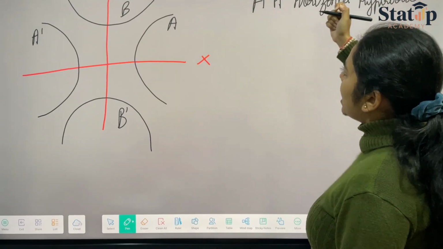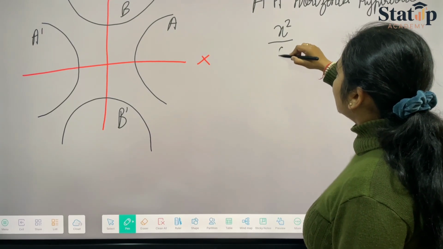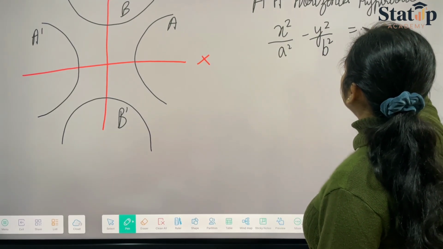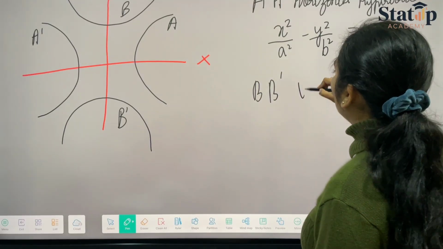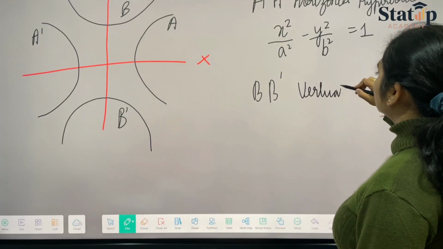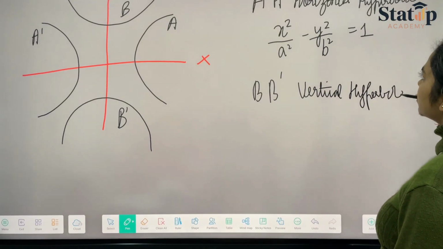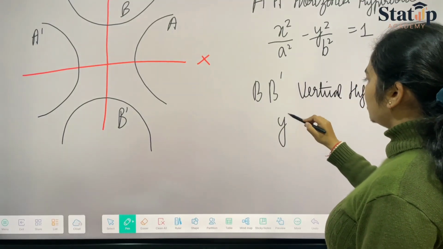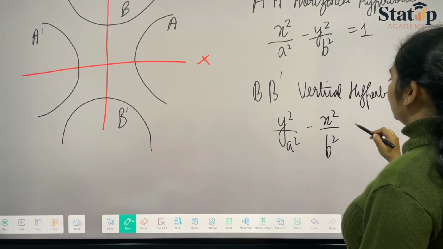It basically has equations like x square upon a square minus y square upon b square equals 1, and B and B dash are the vertical hyperbola having equation y square upon a square minus x square upon b square equals 1.